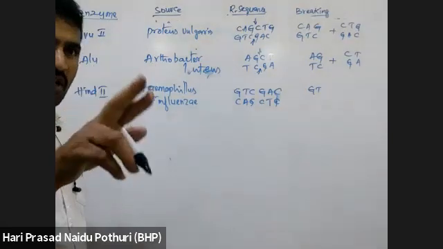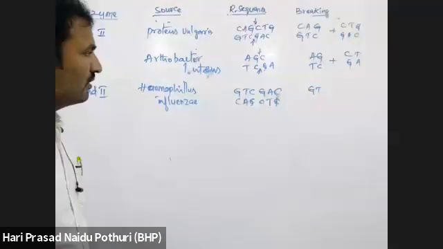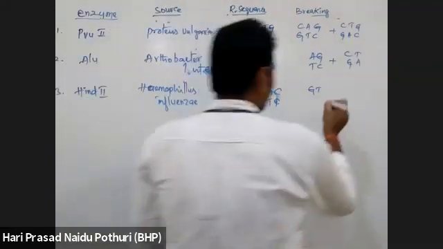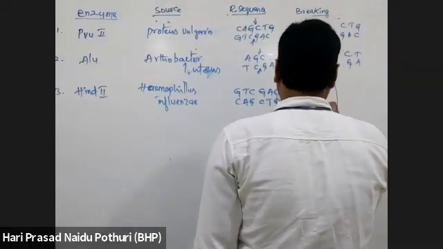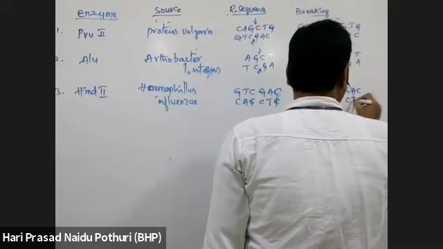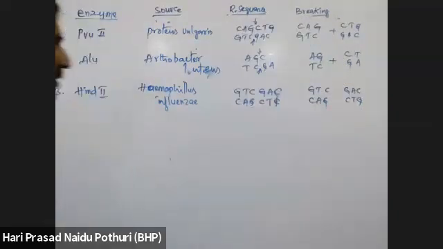2 sequences are possible, I told you. GTC, GAC, this is one. Wait 1 second, I will check. Actually, HIND2 has 2 restriction sequences, what I told you.